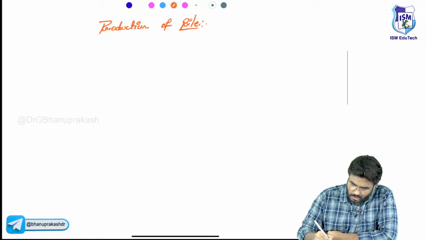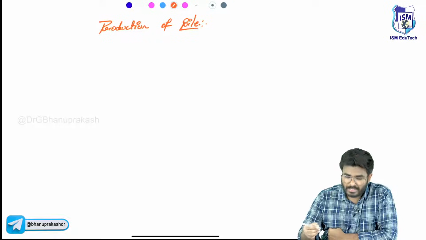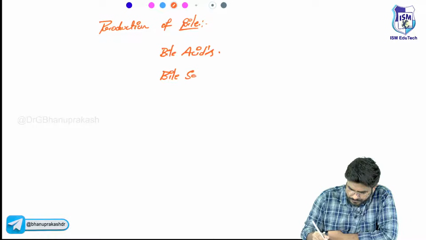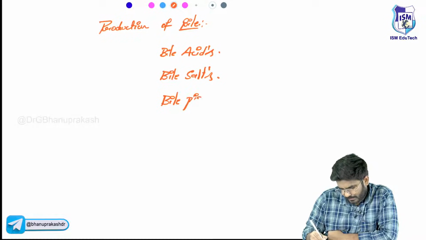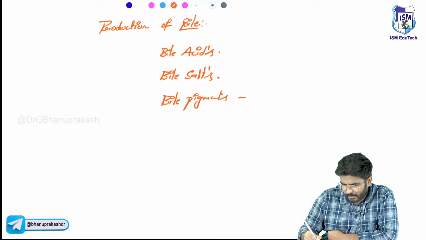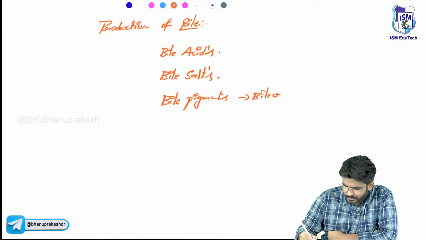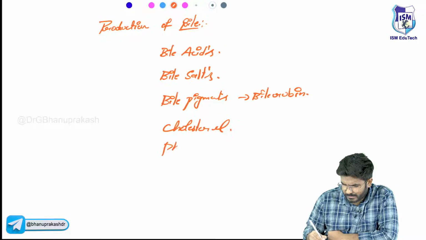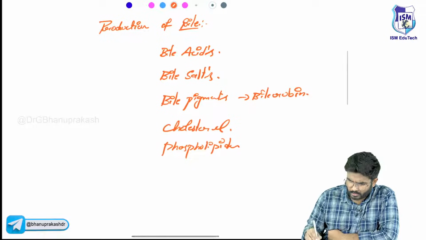See, bile consists of, almost 70% of the bile consists of bile acids, bile salts, bile pigments, that's bilirubin, cholesterol, and phospholipids, water and electrolytes.